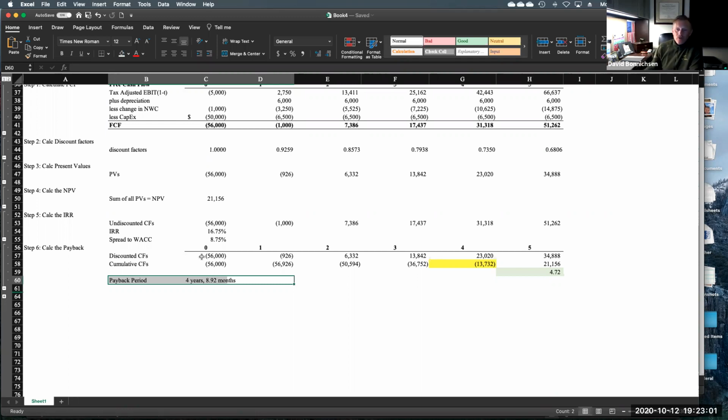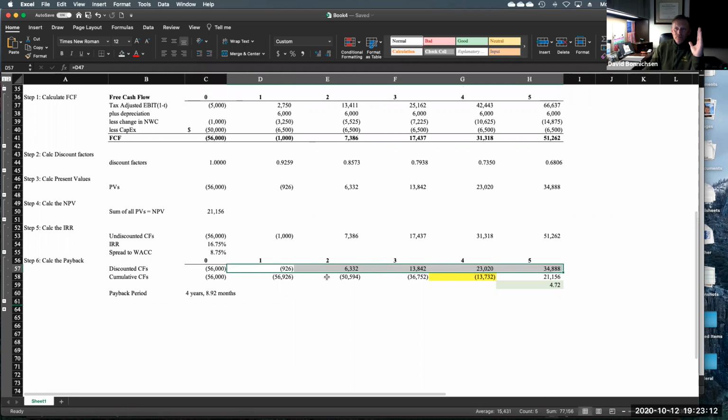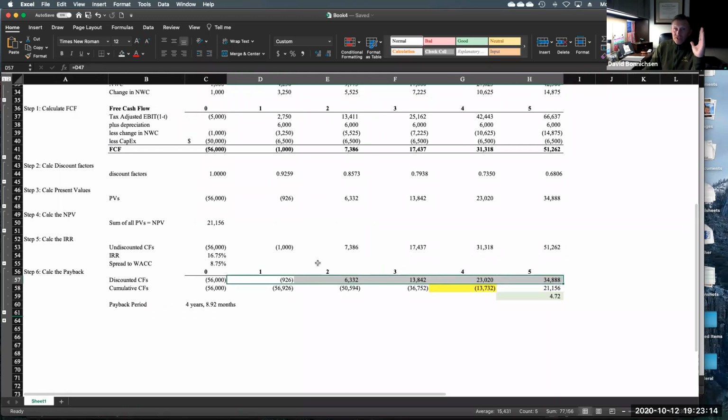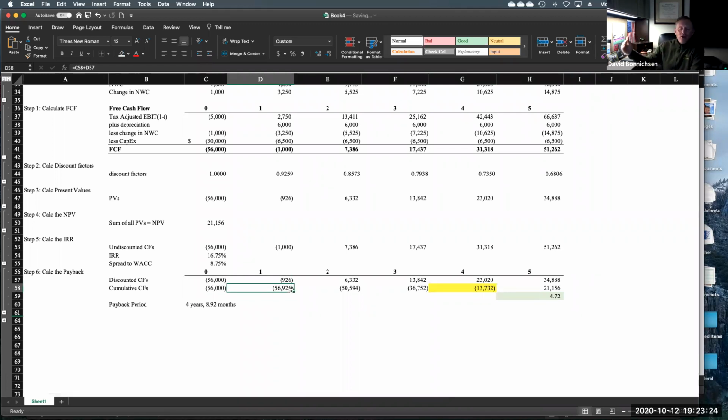So in this case, we shelled out 56 grand at time 0, and that $56,000 generated a future stream of discounted cash flows. Okay, so the present values, right, from what we had already done above here. Okay, and now we have to keep track of how are we doing paying ourselves back. So we have to keep track of the cumulative cash flow, right?